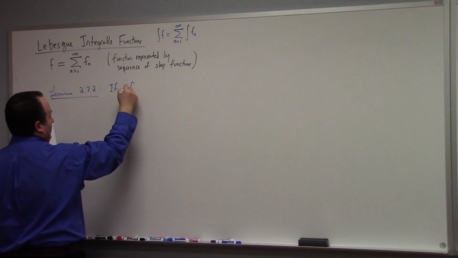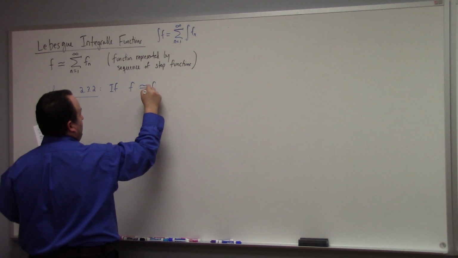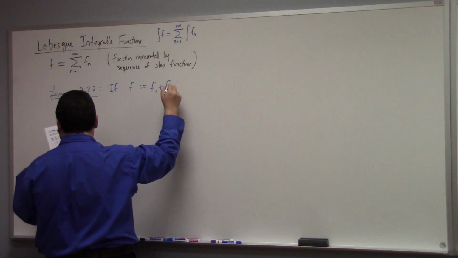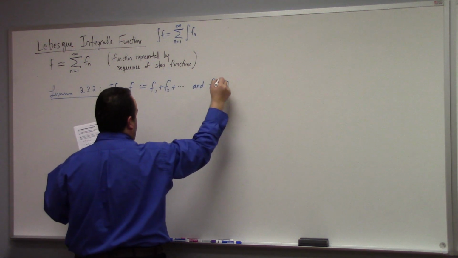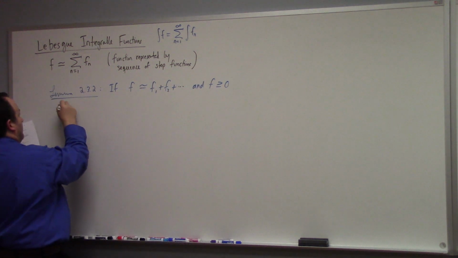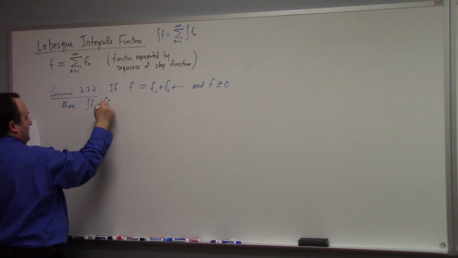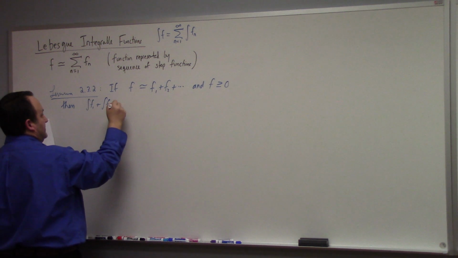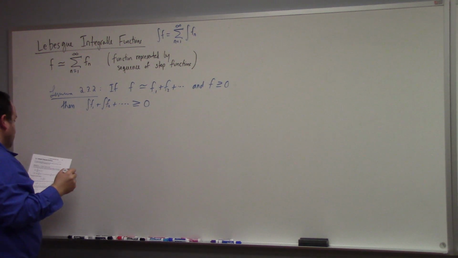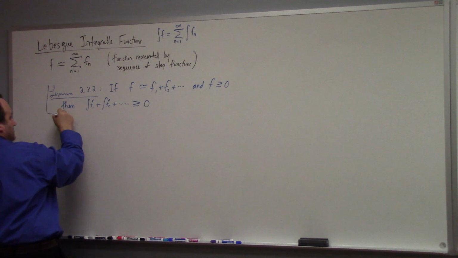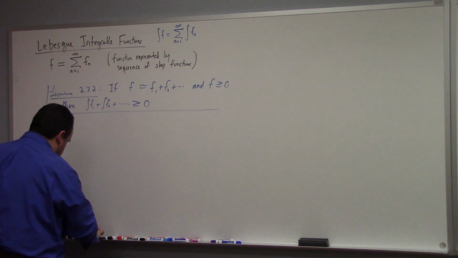It says if f is, let's say, represented by the sequence f1 plus f2 plus and so on, and f is non-negative, then the integral of f1 plus the integral of f2 plus and so on is greater than or equal to 0. Also not negative. All right, so this is the lemma. I'm going to try to follow his proof and see if we can make sense of it, okay? So here we go.